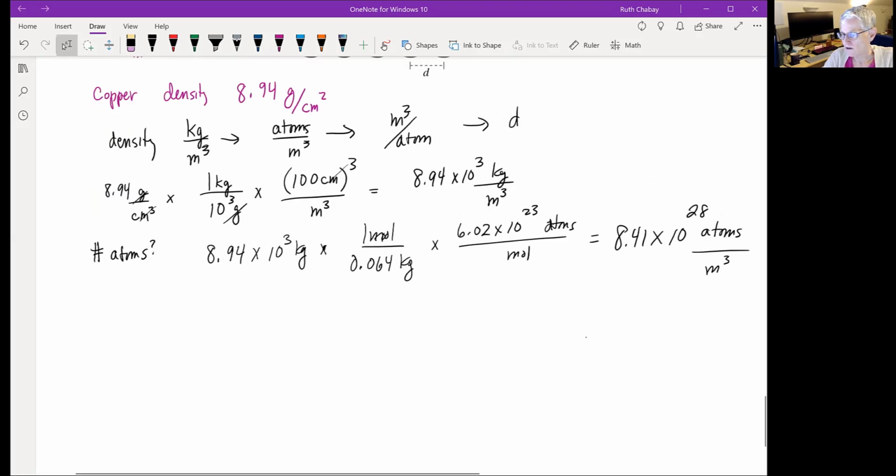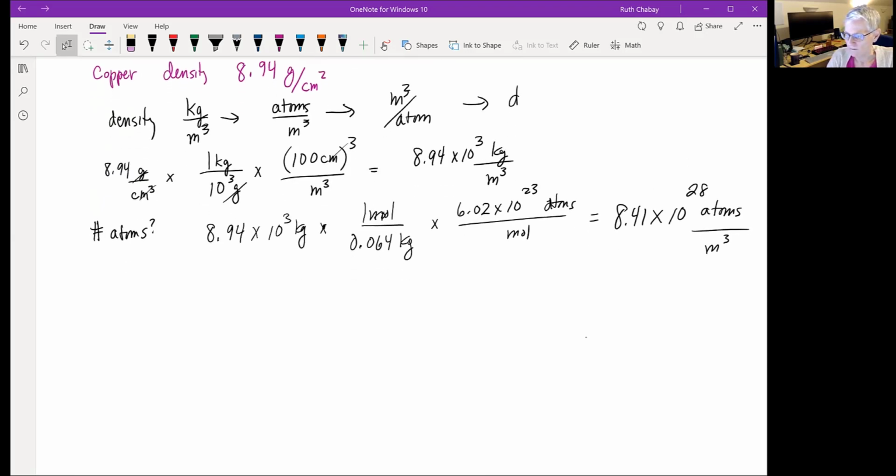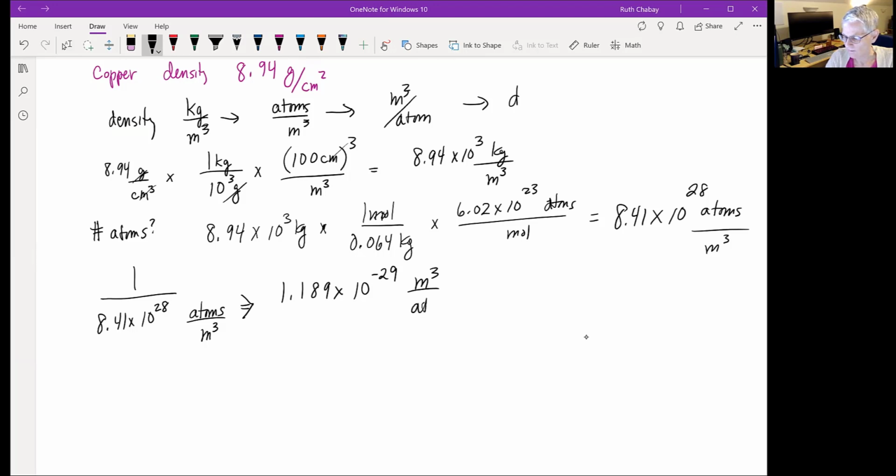So what we really want is cubic meters per atom. So 1 over this number, 8.41 times 10 to the 28 atoms per cubic meter, gives us 1.189 times 10 to the minus 29 cubic meters per atom.